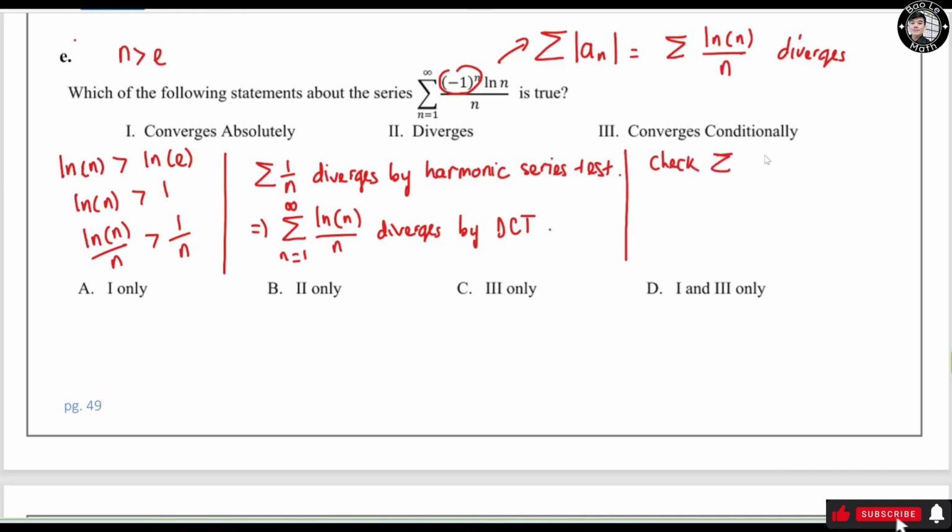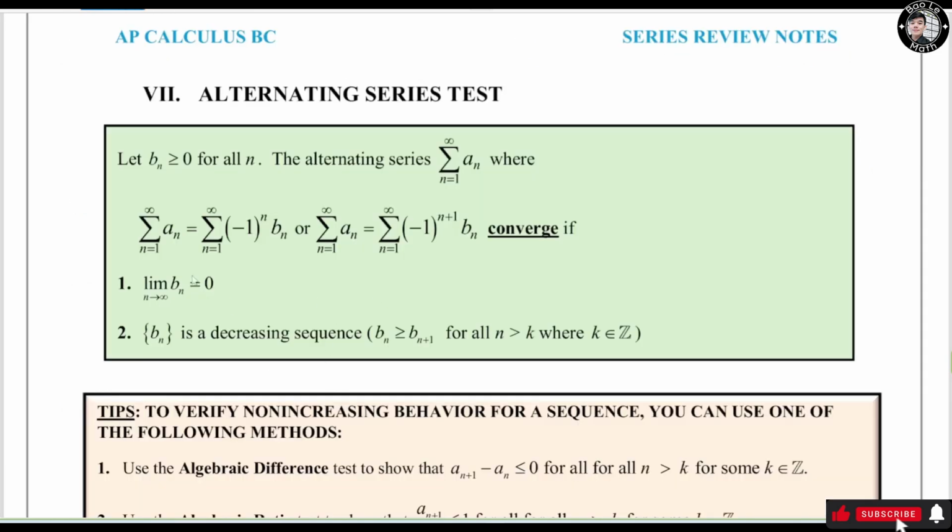So we need to check the series (-1)^n ln n over n when n goes from 1 to infinity, right? So we're going to let b sub n equal ln n over n, right? Now we need to use the alternating series test, which is right here. So we need to find the limit of b sub n, and then we need to prove that b sub n is decreasing, right?